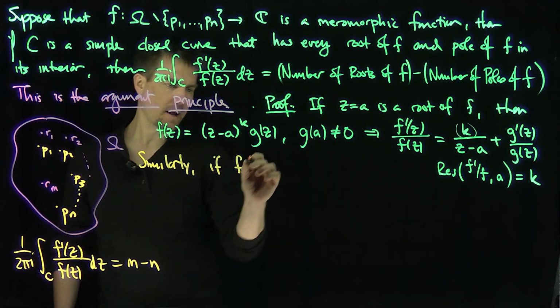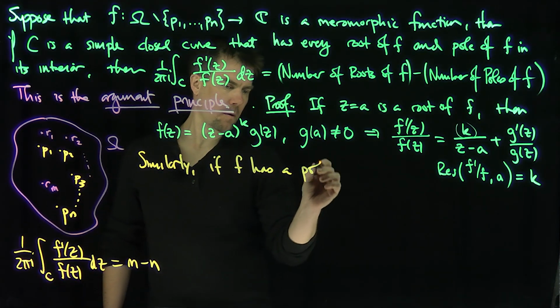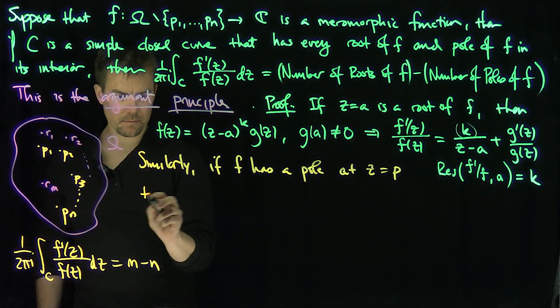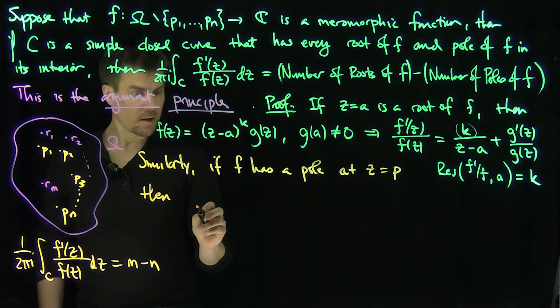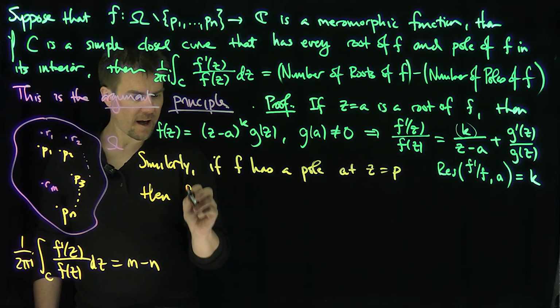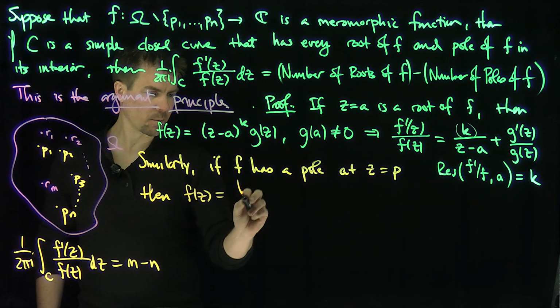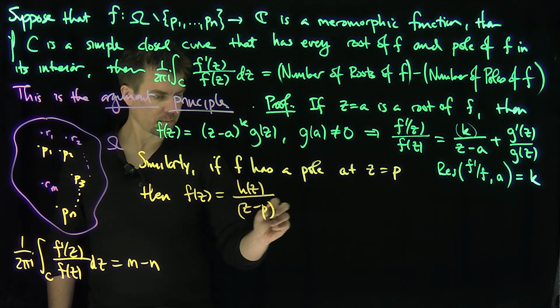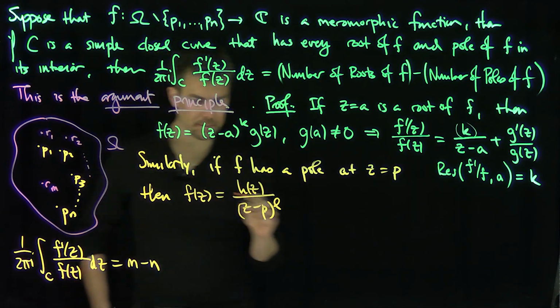Beautiful. Similarly, if f has a pole at z equals p, then f of z is some holomorphic function h of z over z minus p to the power, let's say, l, like that.